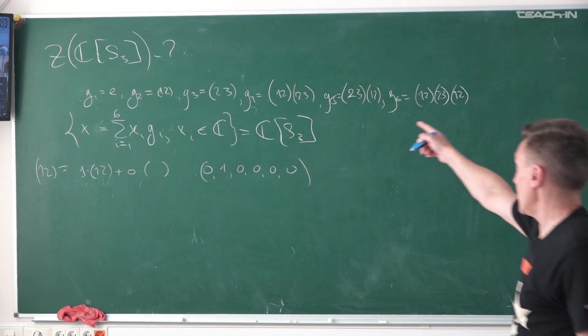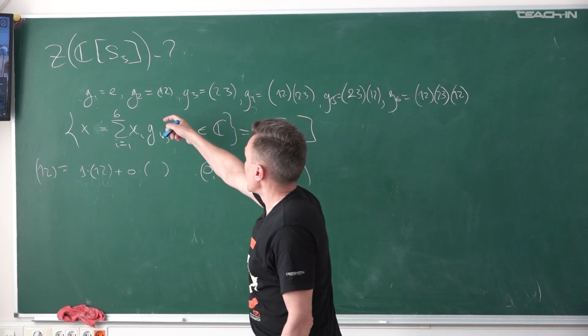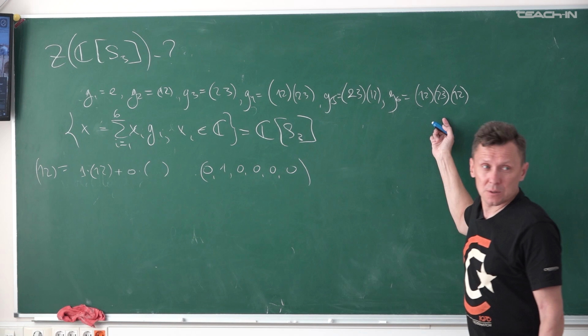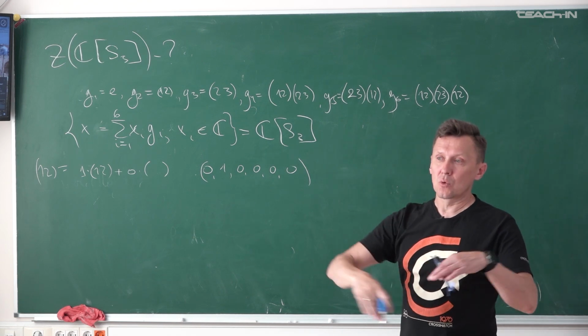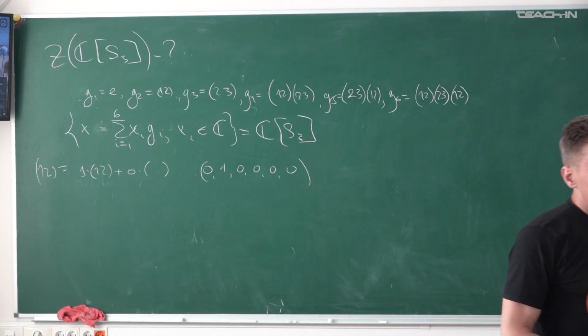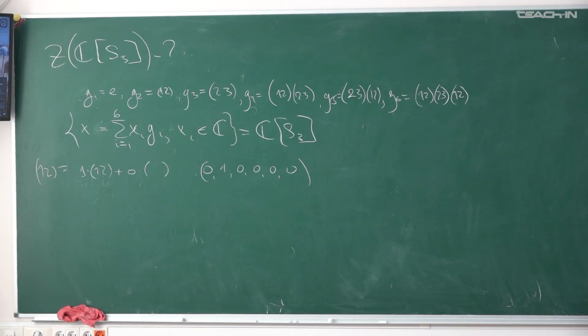The generators are elements of our group. So if we find an element which commutes with each of them, it will commute with all elements of the group algebra. That will be central. So (1 2) does not commute with the others.